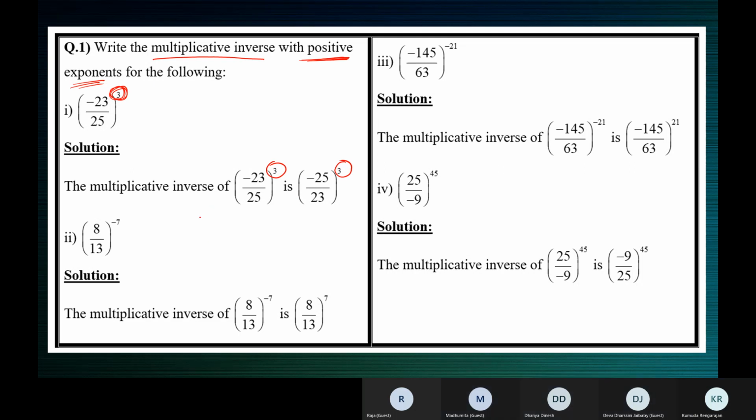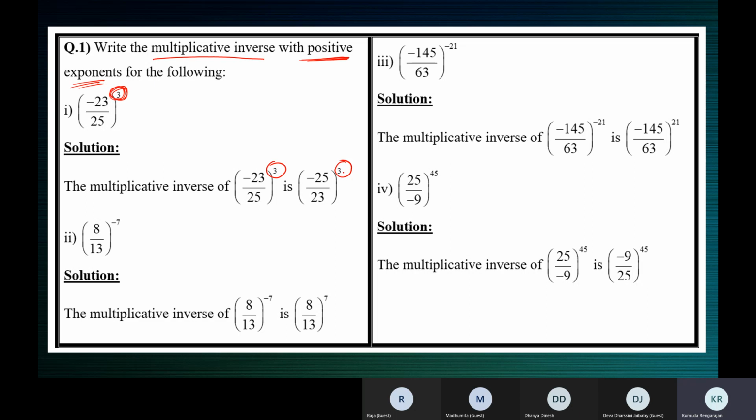Yes, ma'am. See the next one. See, for reciprocal, we should do only one change. Now here, which one should you change? The base or the power? Power, ma'am. Power, because it's negative. We have to make it positive. So we should change the power and not the base. In the first one, we had to change the base, not the power, because the power is already positive.